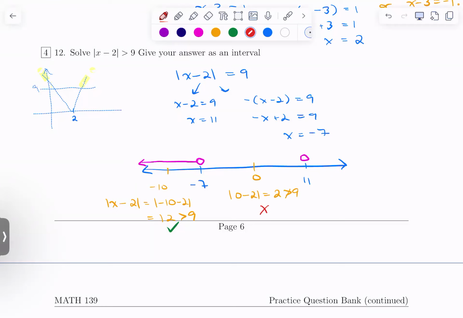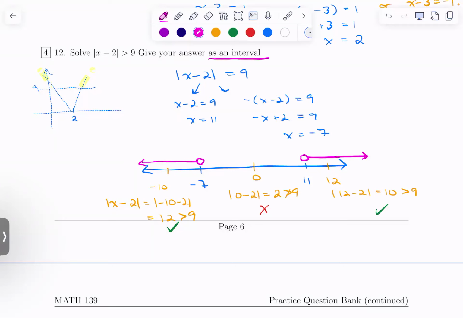Another test point, we could pick 12. The test points don't matter. They're going to be the same in those regions. And so we get 12 minus 2 is 10, which is greater than 9, which means it's in the region.